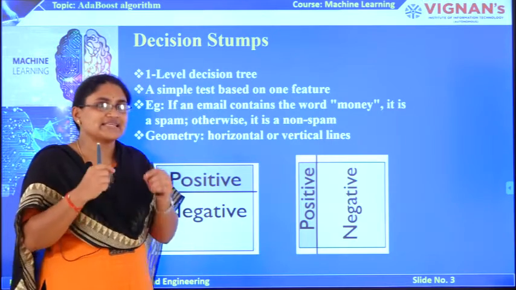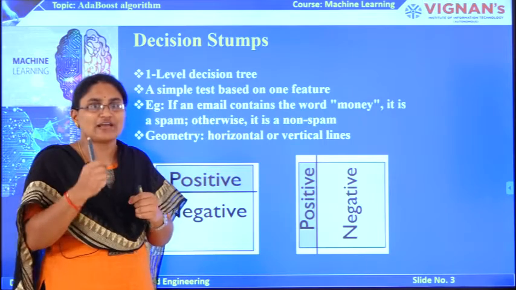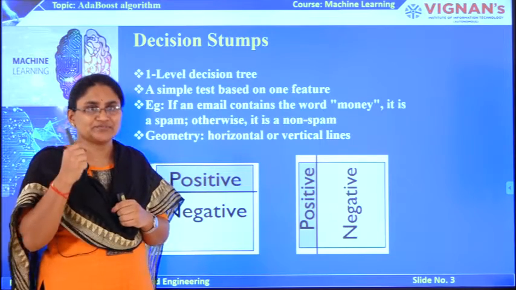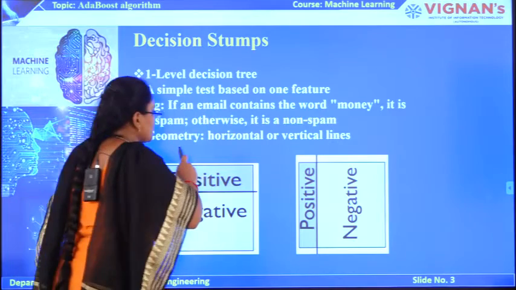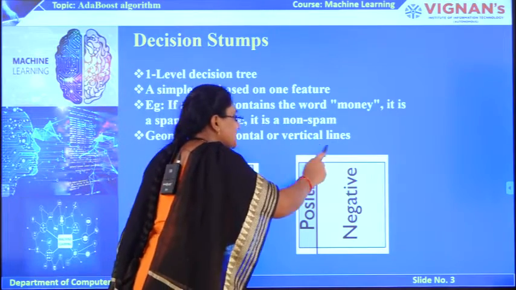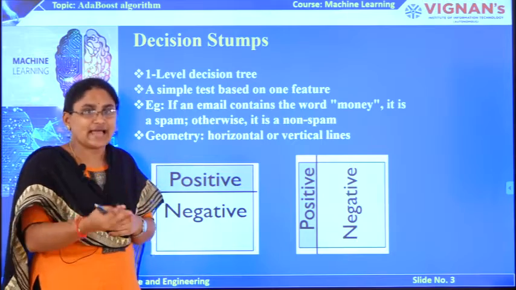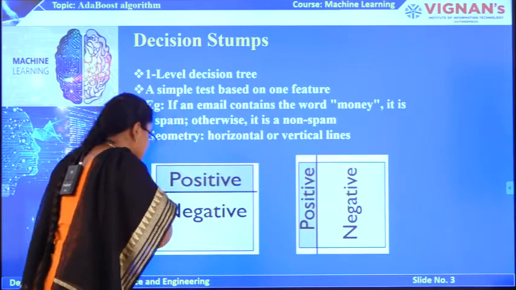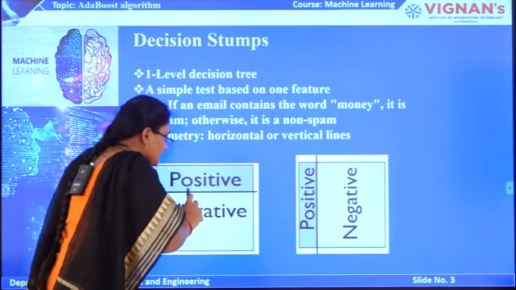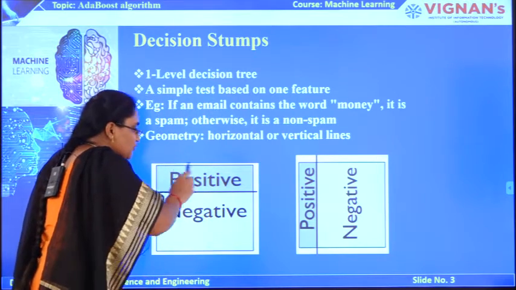In the same way, the decision stump makes predictions by using only one value of a single input variable. Next, the decision stump uses geometrical, horizontal and vertical lines for the classification of the data points in a given data set like this. For example, this is the horizontal line. By using this horizontal line, the decision stump divides the data into two classifications.